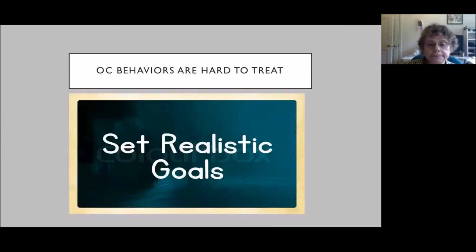First of all, one needs to set realistic goals for this complication of Huntington's. These behaviors are hard to treat, harder than anxiety, harder than depression, harder than psychosis. We have to set realistic goals and realize also that even in the best of circumstances, this complication will not completely go away.